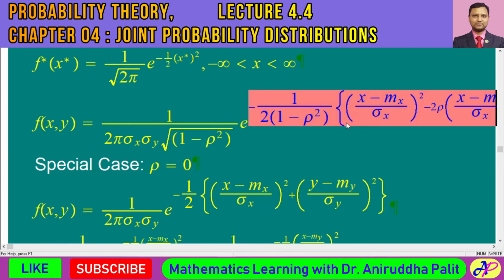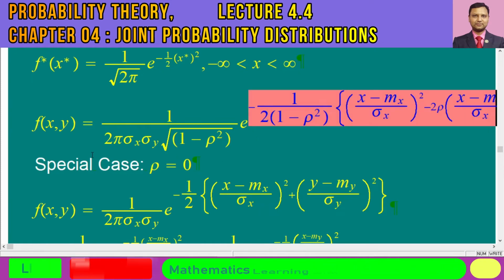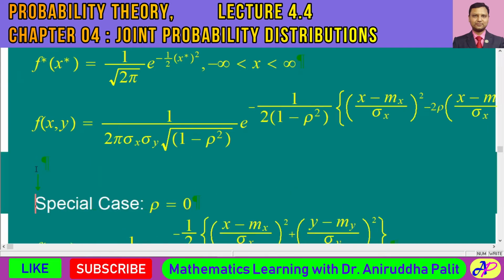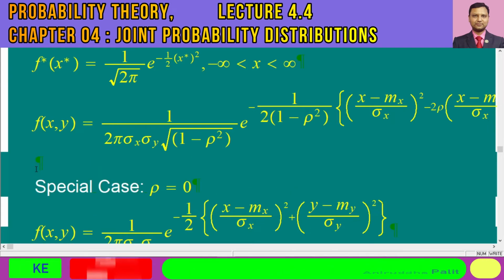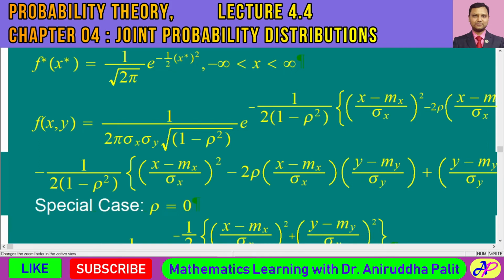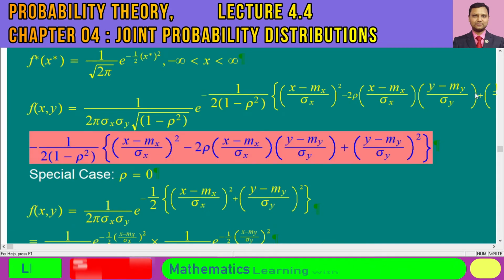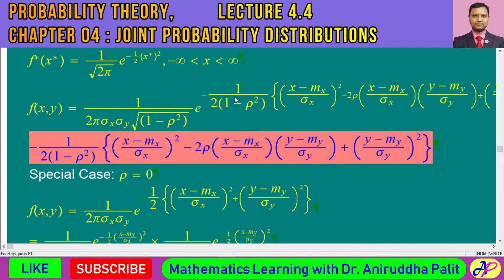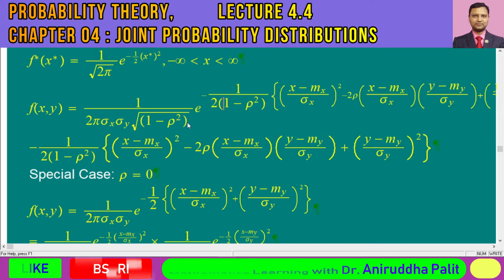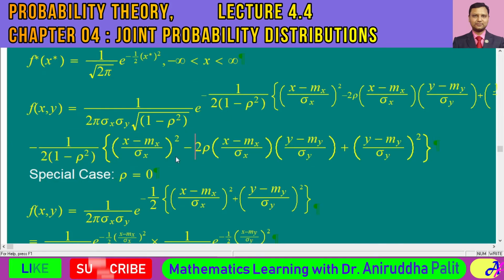Let me just copy this one, and for your convenience, let me paste it over here. Let me minimize this a bit. Yes, and this is the exponent portion, e to the power of this much. What is this?